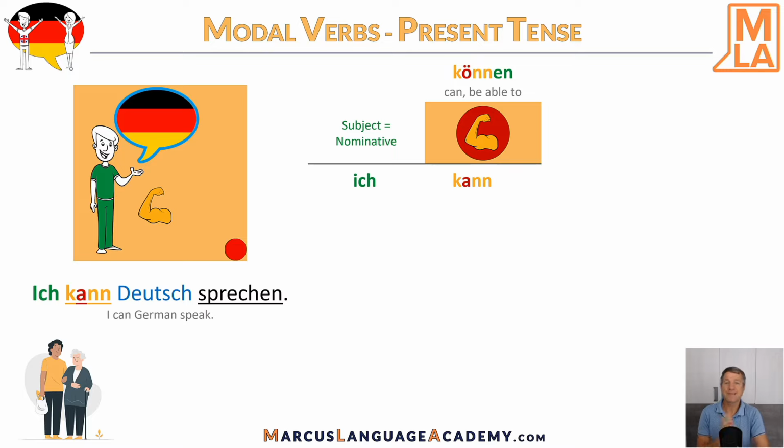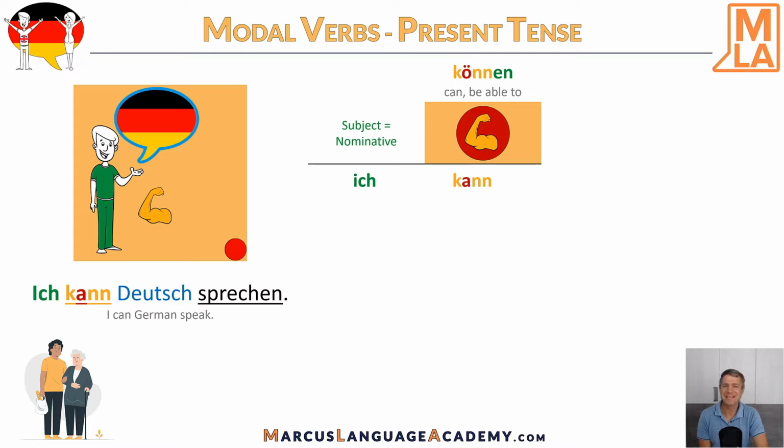In our example sentence, ich kann Deutsch sprechen, literally I can German speak, we see that our second verb, which is helped by the modal verb, is in the infinitive at the end of the sentence. Okay, German is most of the time fun, isn't it?